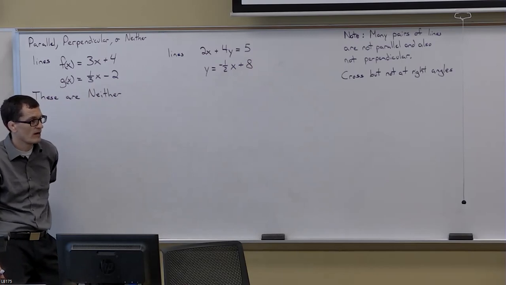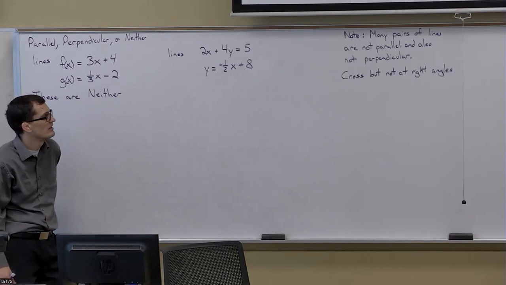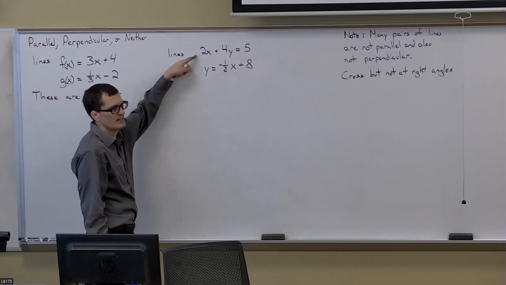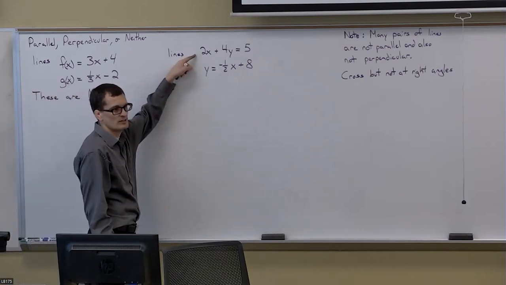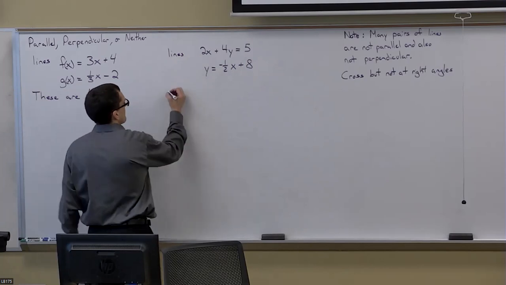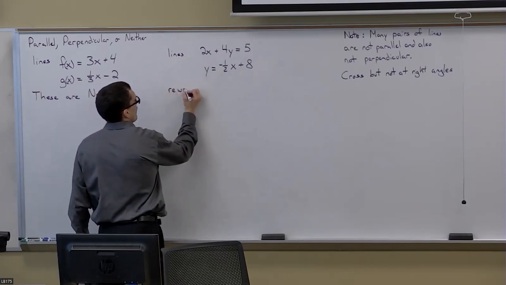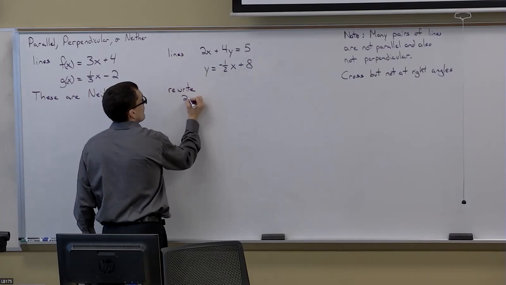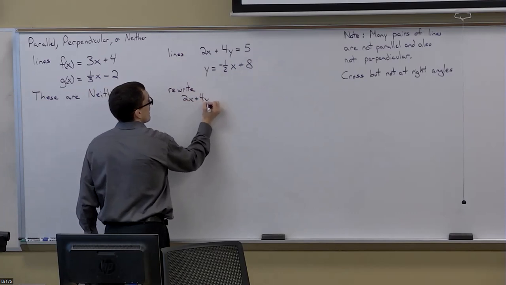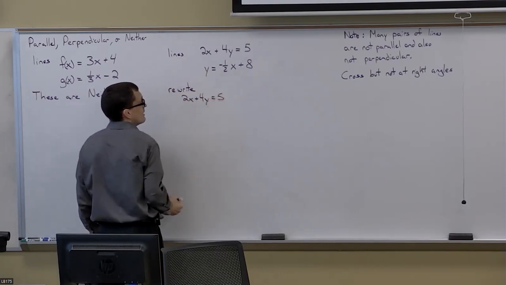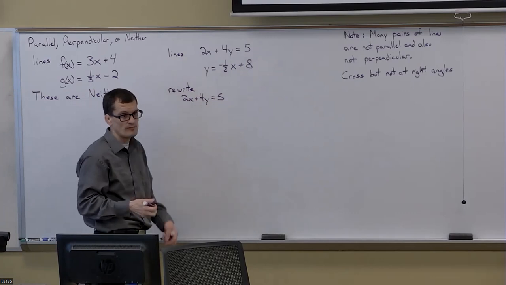I guess we could graph it technically. Simplify or switch things around. Exactly, switch things around on this one. I would rewrite 2x plus 4y equals 5 in slope-intercept form.